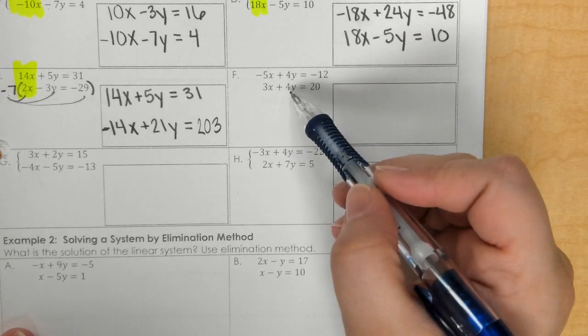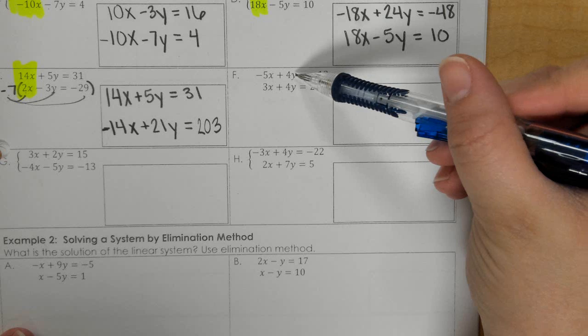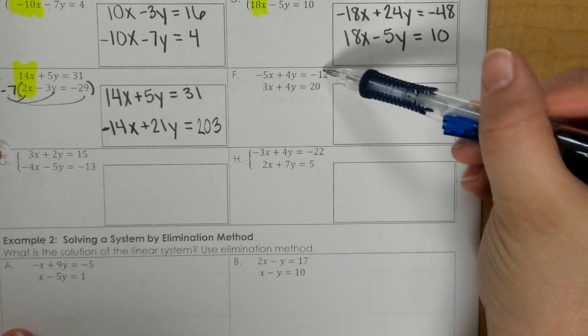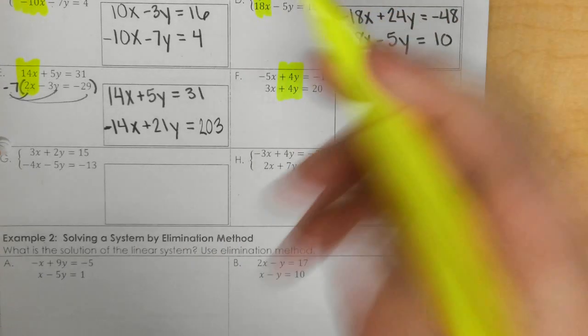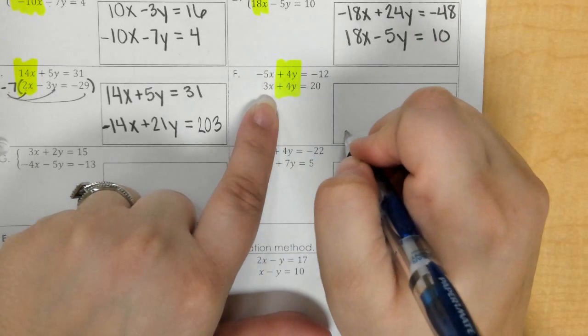All right, letter F. This one actually should be a little bit simpler. Okay, we can't cancel. Very close to canceling. And then this one doesn't matter right now. So here, I'm going to keep the bottom one the same.